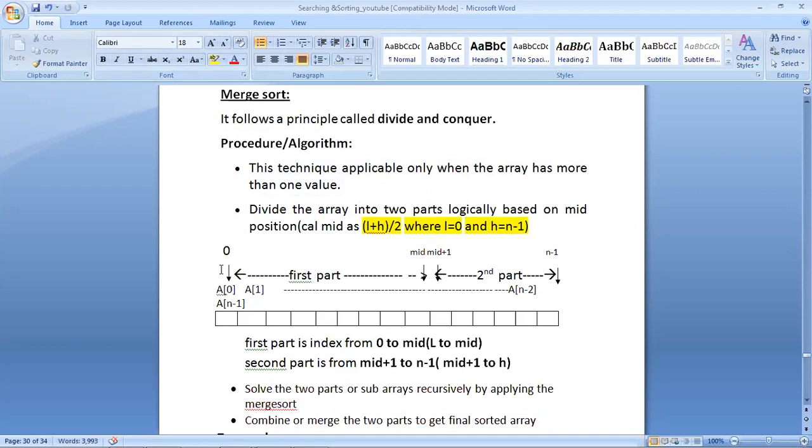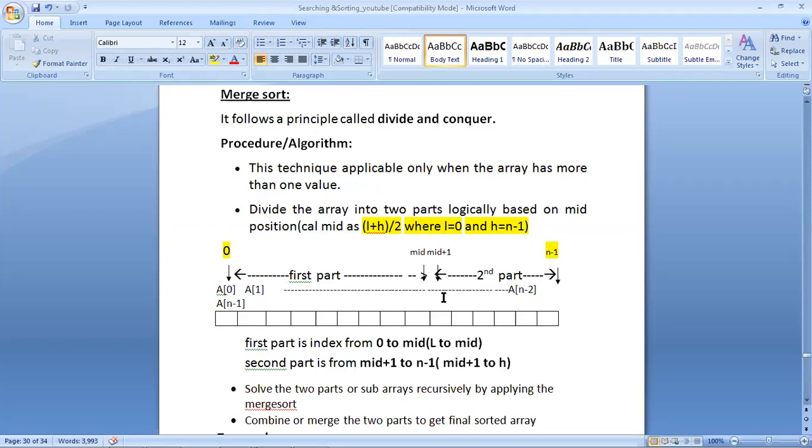If you look at the figure, 0, the starting index value of the array, is called the lower index value. Then n minus 1, when the array has n values, is the last index value of the array. So 0 is treated as L, the lower index value, and n minus 1 is treated as H, the higher index value.